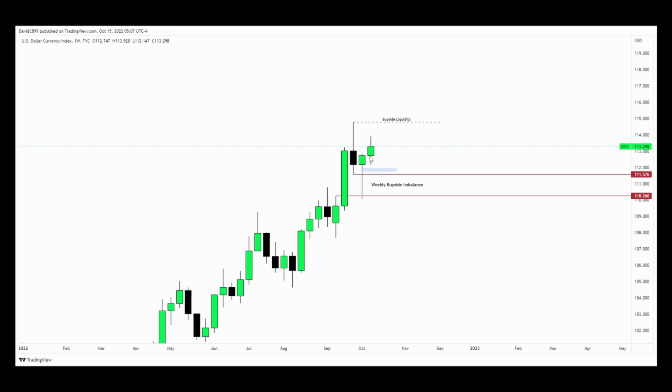I'm expecting a risk off environment to be continued. So therefore I'm looking for higher prices in the US dollar and lower prices in the index futures.